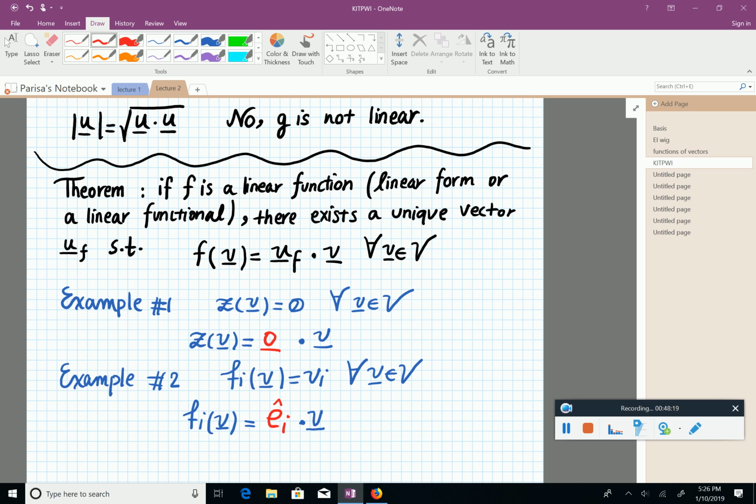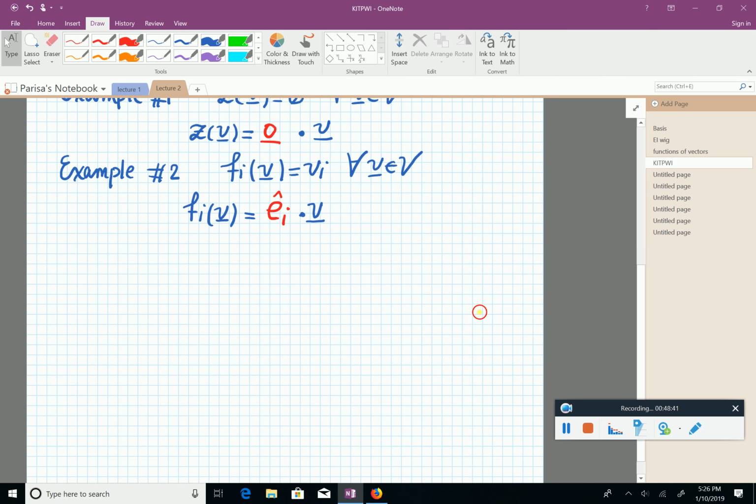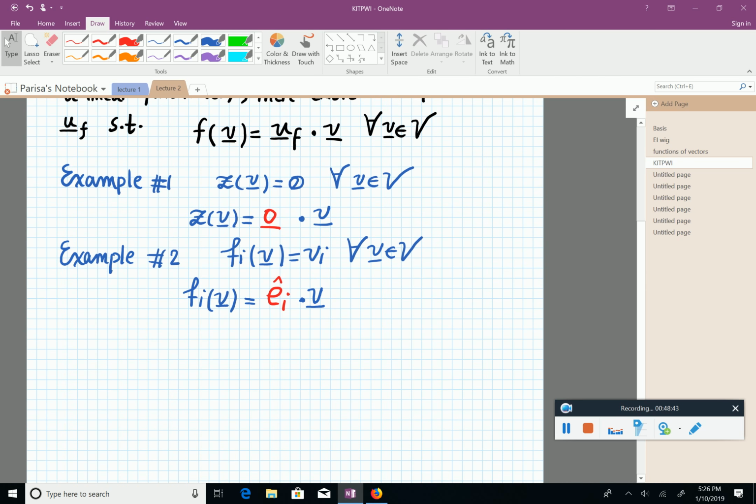Now, this was a scalar valued function of a vector. To define tensor, what we need is a vector valued function of a vector. So I'm giving you all this introduction to get there. So let's define that. Maybe I go to the next page.